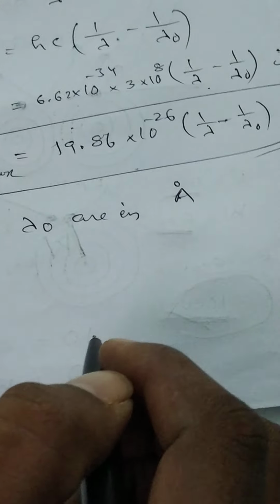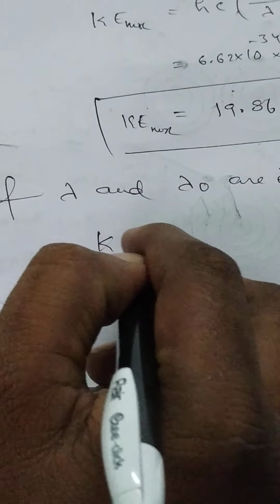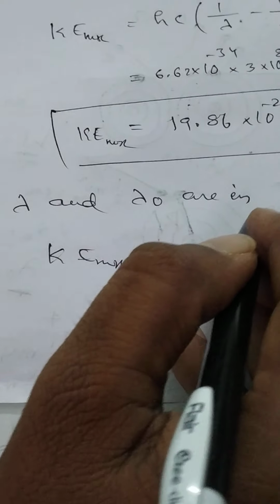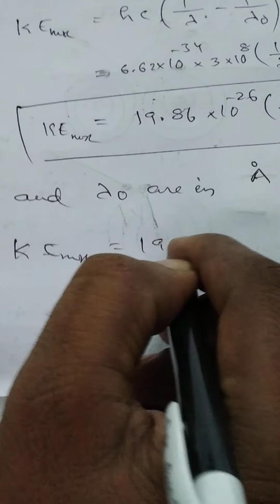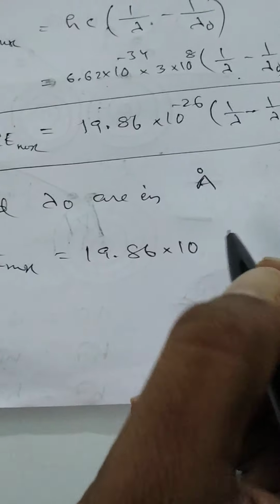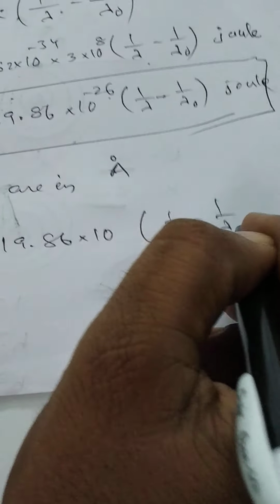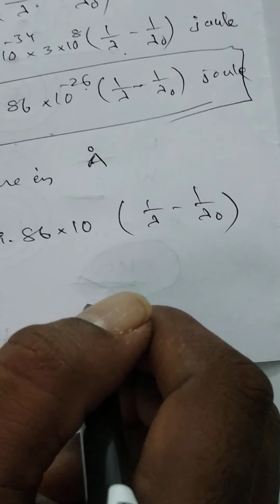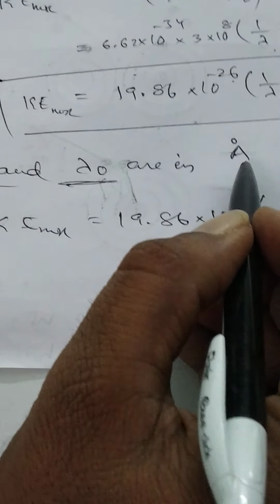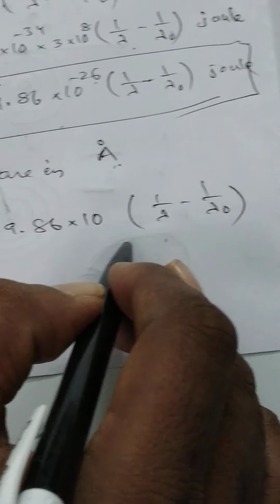Suppose lambda and lambda naught are in angstrom units, then the maximum kinetic energy is 19.86 into 10 power minus 26 into 1 by lambda minus 1 by lambda naught. 1 angstrom unit is equal to 10 power minus 10 meters, that is, divided by 10 power minus 10.